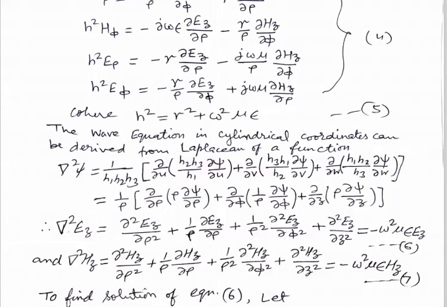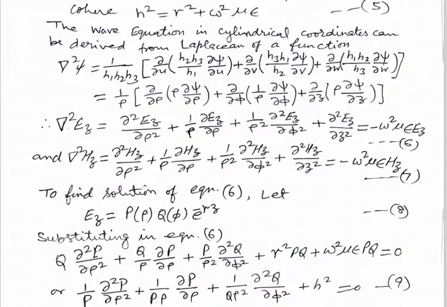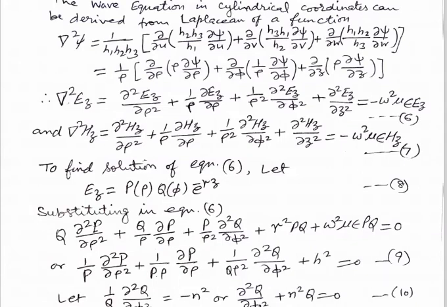Changing psi to Ez and Hz, the equation takes the form shown in equations 6 and 7, and in these equations again we will change del over del z to minus gamma.